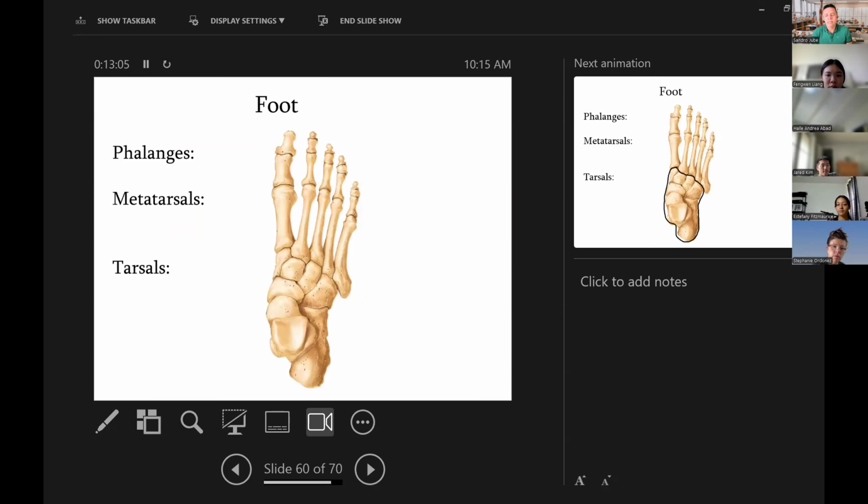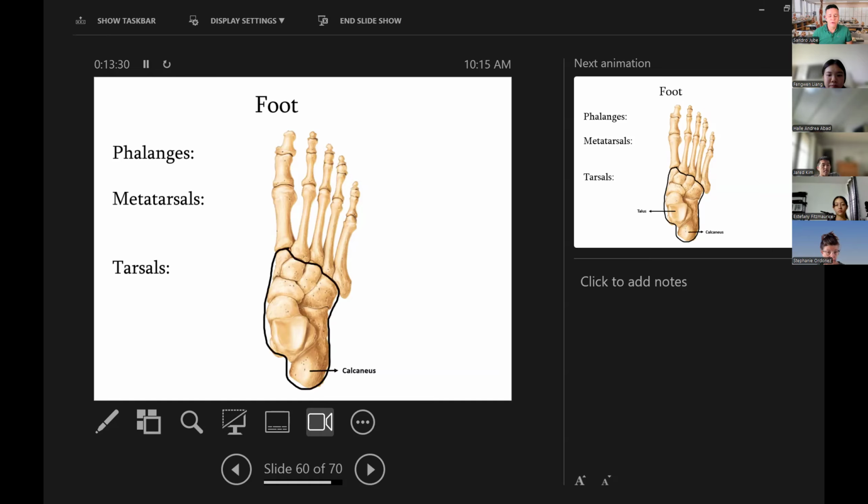All right, so the foot is divided into the tarsal bones, the metatarsals, and the phalanges. And the good news is that these bones are very similar in the arrangement as the bones of the hands. Okay, but now it's not the carpals and metacarpals, it's the tarsals and metatarsals.